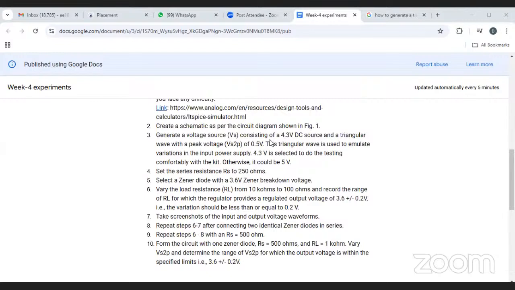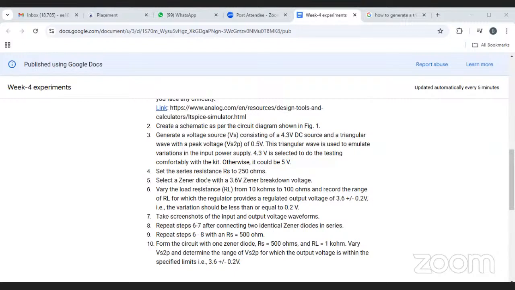For example, one way of doing it is you connect one constant DC source and another AC voltage source in series, right? That is what you are doing in step 3. Correct? Yes, we can do it that way also.